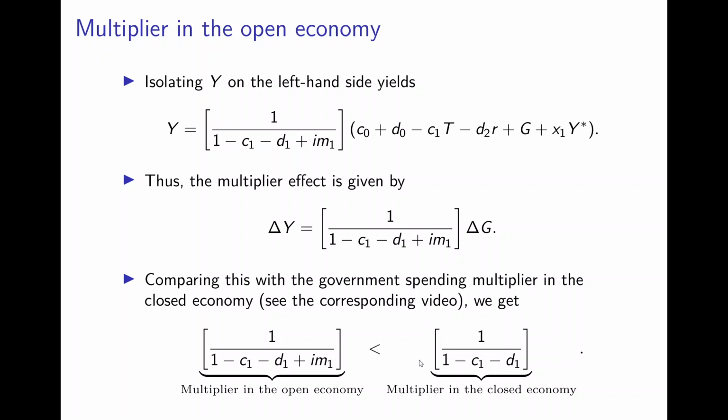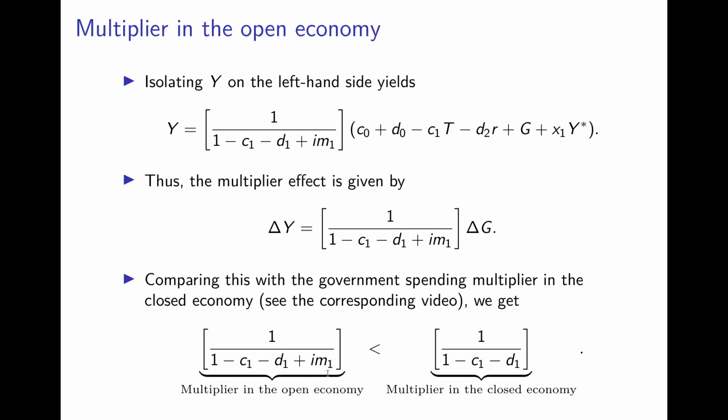And now what is the case is that the multiplier effect in the open economy is smaller than the multiplier effect in the closed economy. Why? Because we have this additional term plus IM here in the denominator, so that increases the denominator and reduces the multiplier effect, therefore altogether, as compared to the situation in the closed economy.